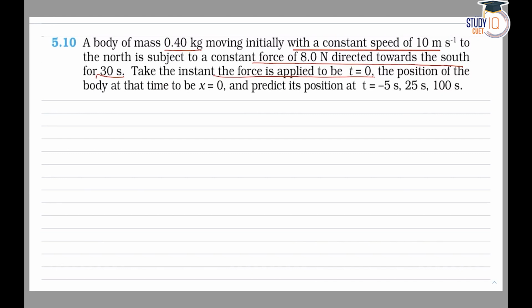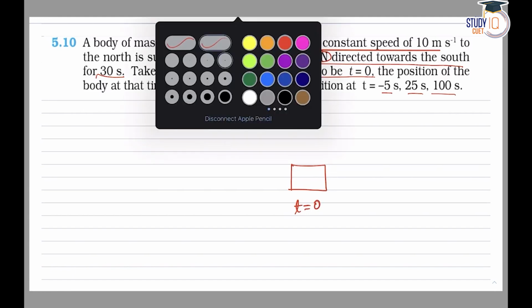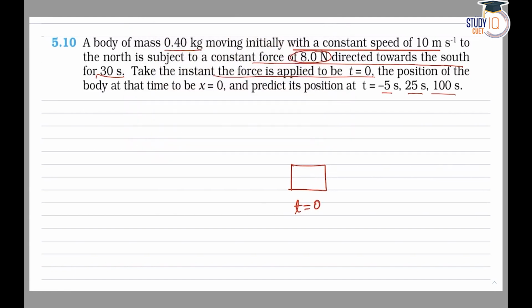In this we have to define the position of the particle at t equal to -5, t equal to 25 and t equal to 100 seconds. So let's say a force of 8 Newton starts acting on the body at t equal to 0 second, in the direction which is south.